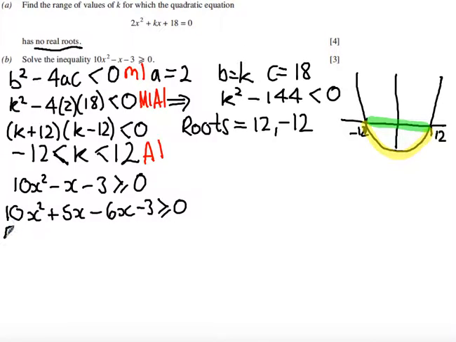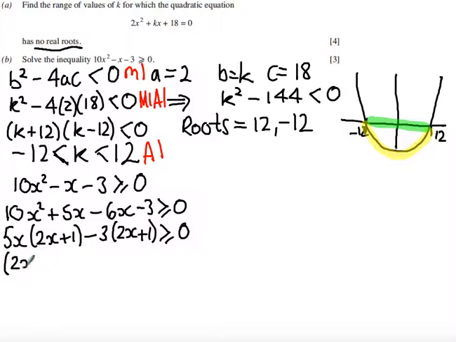So factorising, take the 5x out, I get 2x plus 1. Factorising my second pair of terms, I can take the 3 out so that I get 2x plus 1, greater or equal to 0. And then finally, just taking the 2x plus 1 out as a common factor, writing it at the front, inside then I have 5x minus 3.